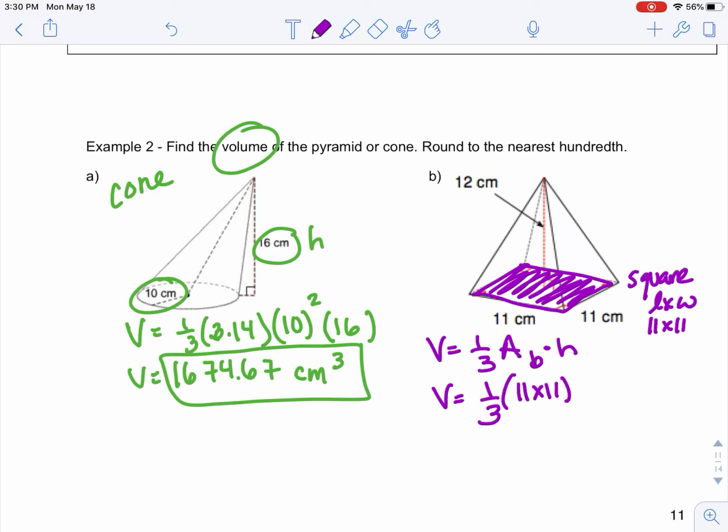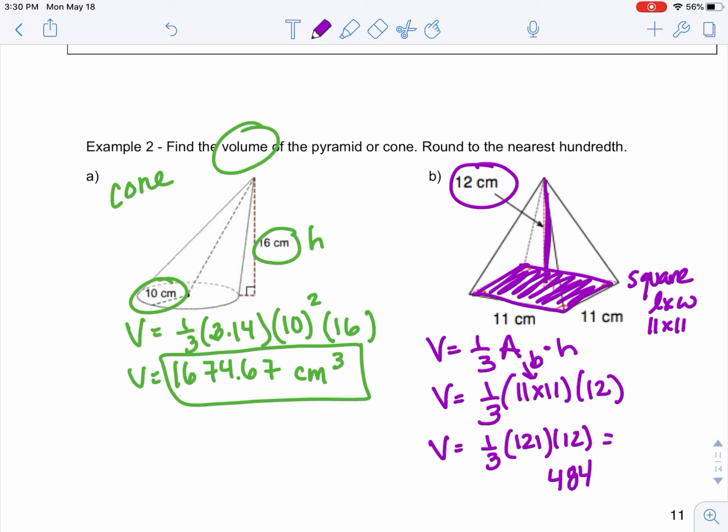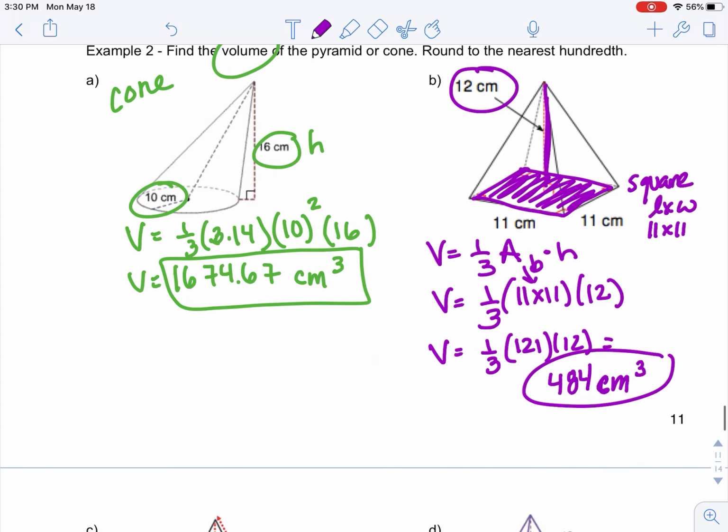So I'll put that in for the area of the base. And then the height is a straight up and down height in the middle here, which is 12. And I'll just multiply all those together and use my calculator. And I get 484, and don't forget cubed. Okay, so that's all you do. It's really the same as the one from before, but it's times 1/3 in the front.